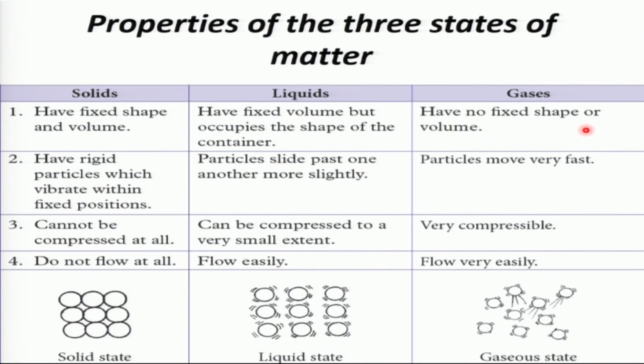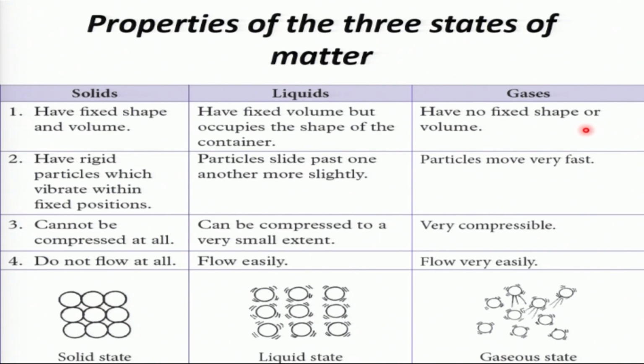So the gases also take the shape of the container. All right? Even the volume. Hope that is clear. So for volume and shape on the three states, only the solids have a fixed shape and fixed volume. Only the liquids have a fixed volume, I said, but not a fixed shape.